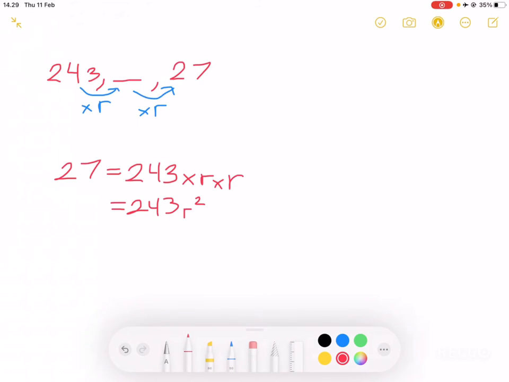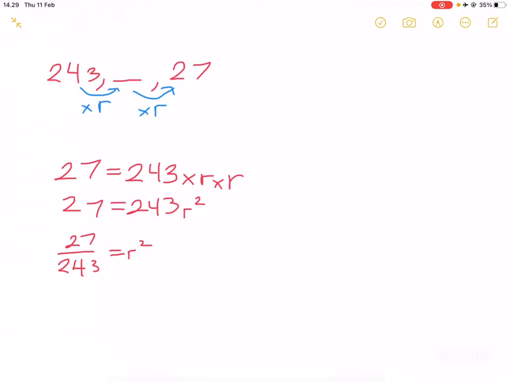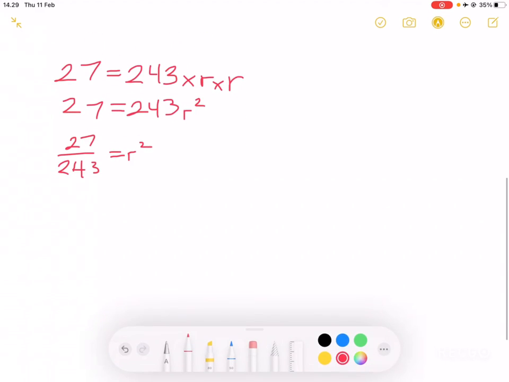And typically we can solve for R squared at this point by first dividing both sides by 243. The left hand side will simplify to 1 over 9. You can just do that on your own and test the division.